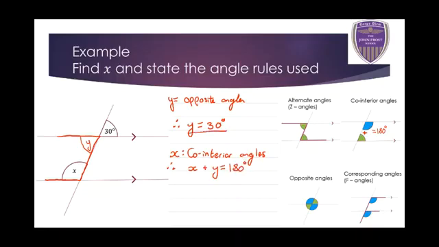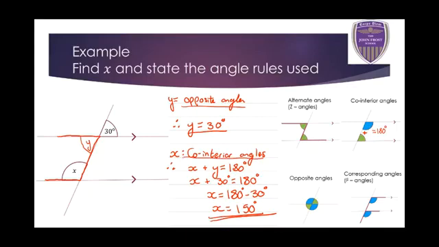We know that y is 30 degrees, so x plus 30 degrees equals 180 degrees. Therefore x is equal to 180 degrees minus 30 degrees, and 180 minus 30 is 150 degrees. So we found angle x, and once again we've used two angle rules.